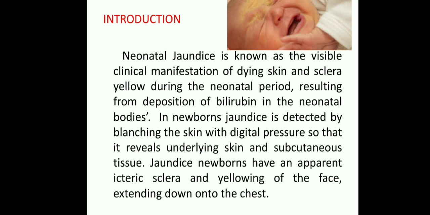Jaundice is detected by blanching the skin with digital pressure, so that it reveals the underlying skin and subcutaneous tissue. Jaundiced newborns have an apparent icterus of the sclera and yellowing of the face extending down onto the chest. This is the introduction of neonatal jaundice.